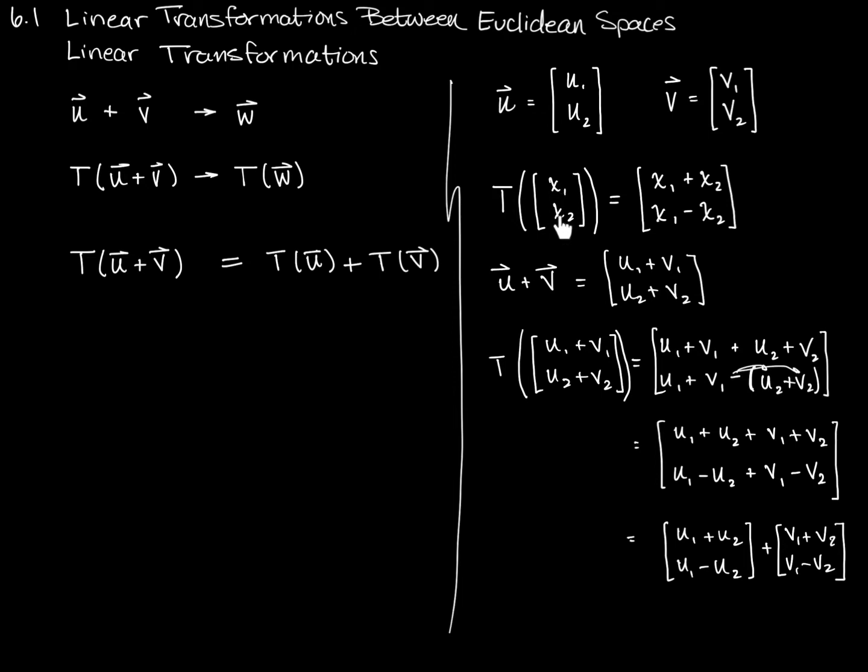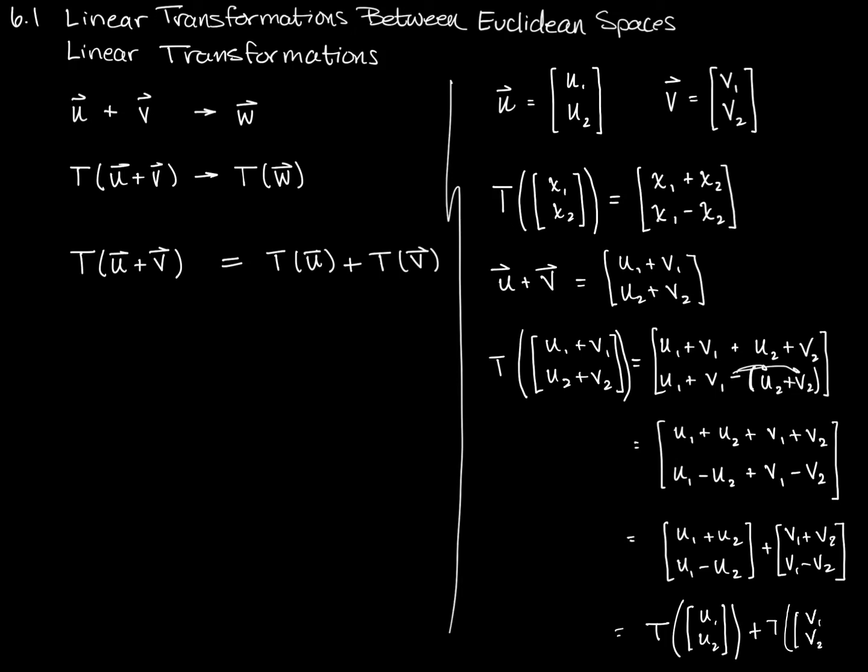Instead of x1, x2 here, I have x1 plus x2 and x1 minus x2. I have u1 plus u2 and u1 minus u2. So that's the transformation of the vector u. That's equal to the transformation of the vector (u1, u2). And then I also have the transformation of the vector (v1, v2). So I have plus the transformation of (v1, v2).